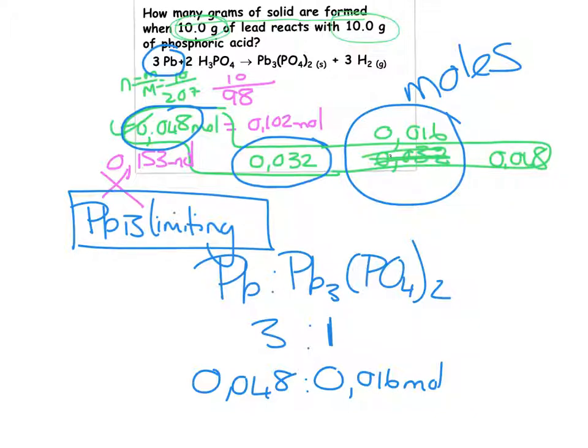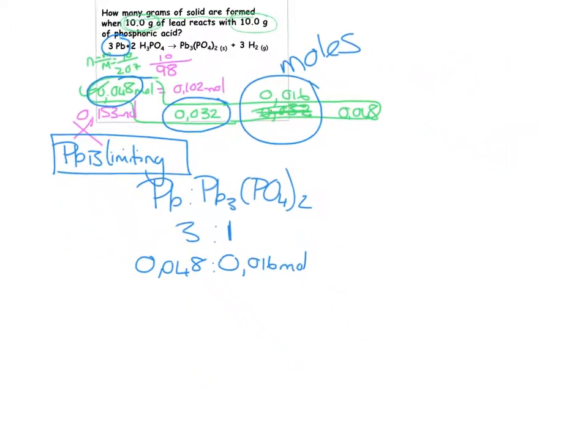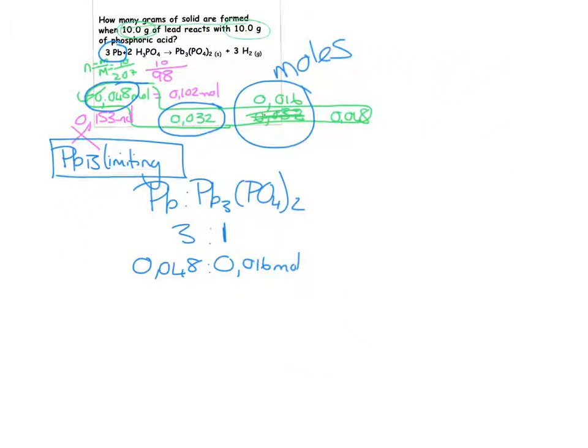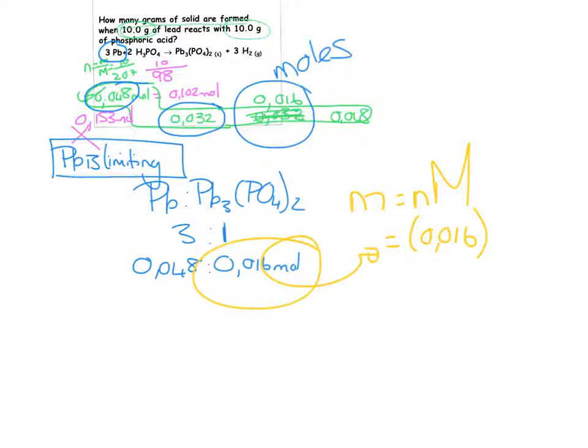The question wasn't the number of moles, it was what is my mass, so I can work that out, and I can say mass is equal to number of moles times molar mass. The number of moles is 0,016. I got that from the mole ratio. And now my molar mass is quite a story here.